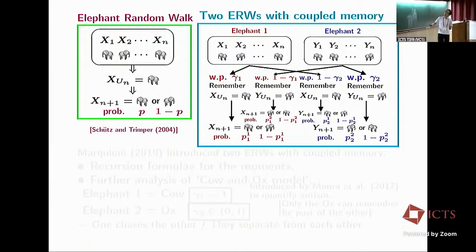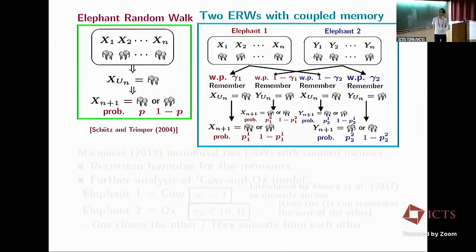For the first elephant, with probability gamma 1, it remembers its own history and takes a similar dynamic. With the remaining probability, elephant 1 uses the memory of the second, and the remaining dynamic is similar.